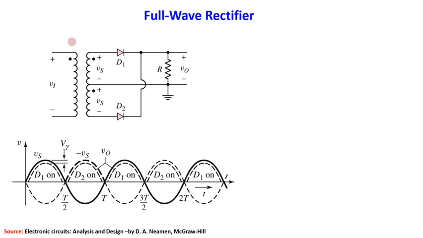But can we do something or change that circuit so that not only the half cycle, but the complete sinusoidal cycle gets rectified at its output? The answer is yes, by using a full wave rectifier. So this is one circuit diagram of a full wave rectifier.